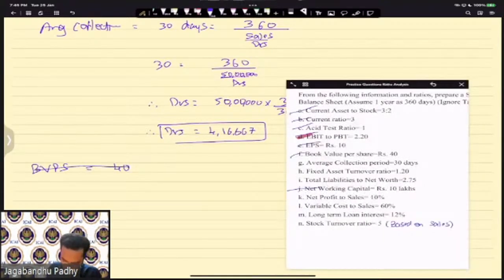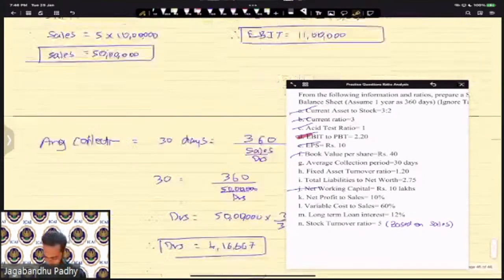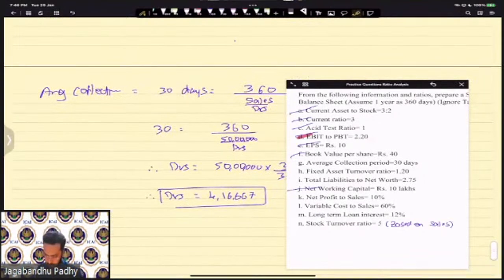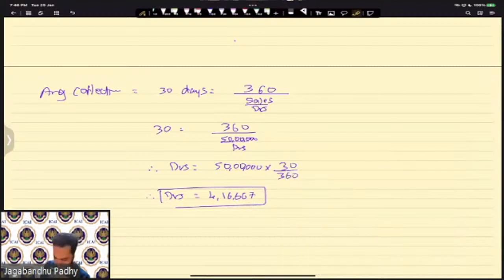So before that, book value per share, we can think of average collection period use. We can use this fixed asset turnover ratio of 1.2.